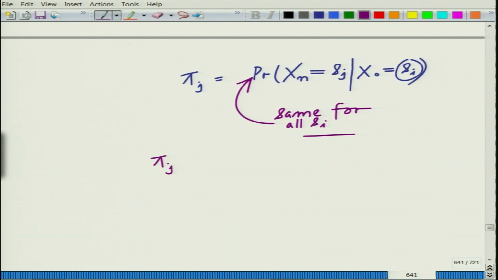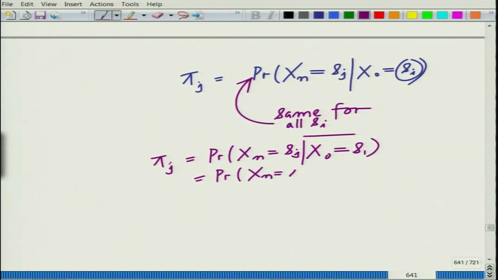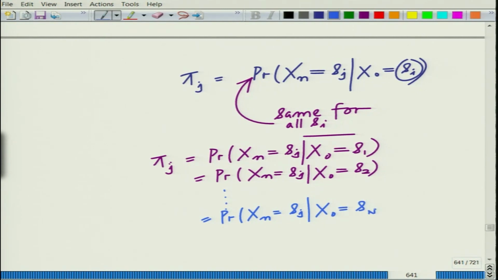So, pi j equals the probability Xn equals Sj given X0 equals S1, which equals the probability Xn equals Sj given X0 equals S2, and so on, up to the probability Xn equals Sj given X0 equals Sn.